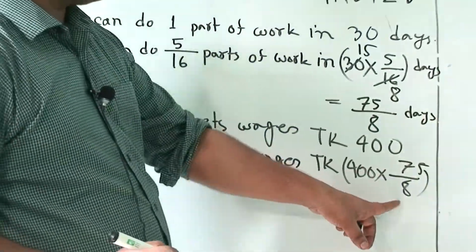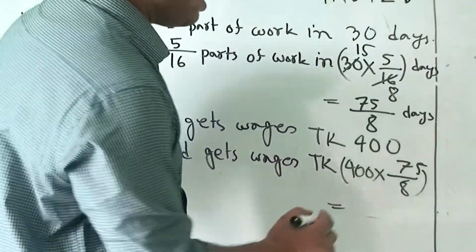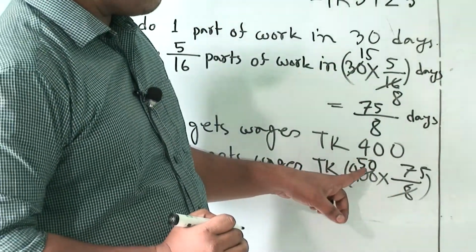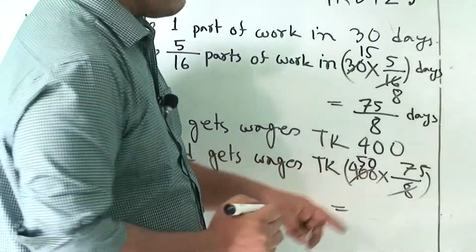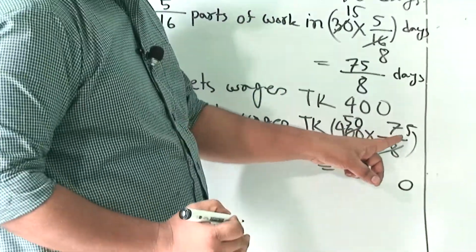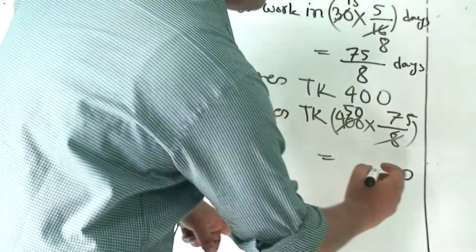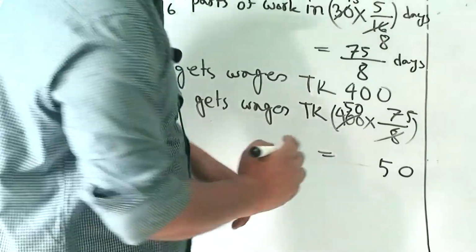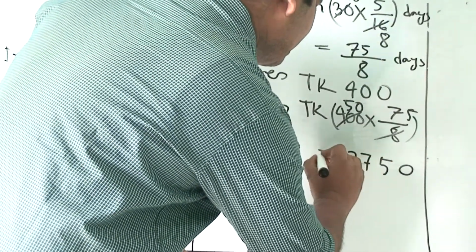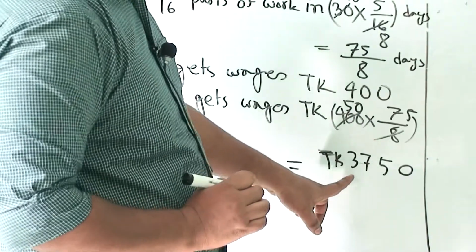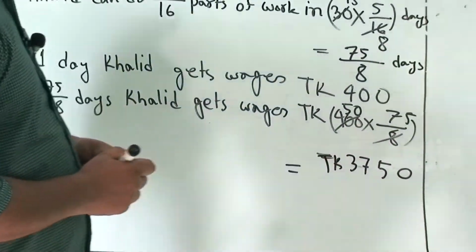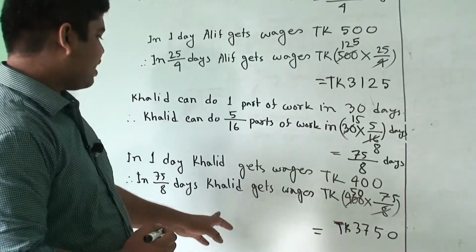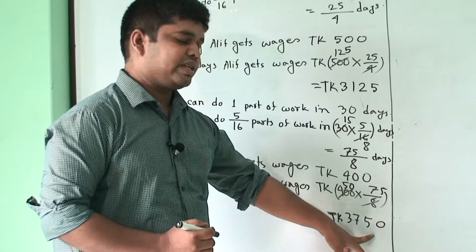Now we cut this by 8. 8 fives are 40 and 0. So we multiply 50 with 75. Then first 0 is here. After that we multiply 75 by 5. 5 fives are 25. Carrying 2. 5 sevens are 35 and 2 is 37. So taka 3,750. So Alif's wages is 3,125 taka and Khalid's wages is 3,750 taka.